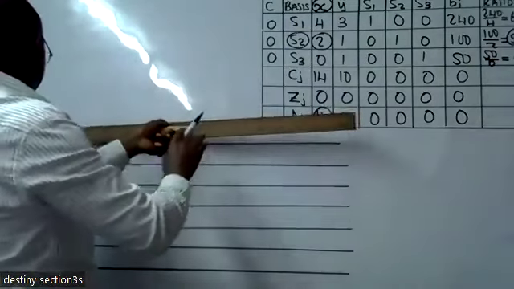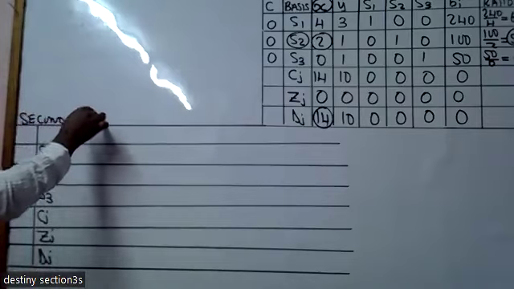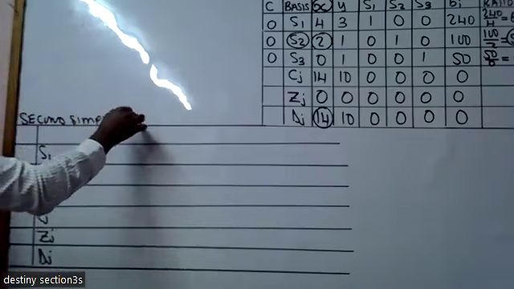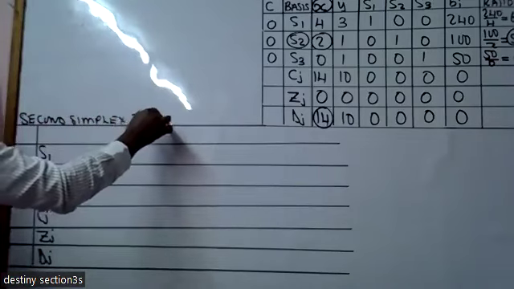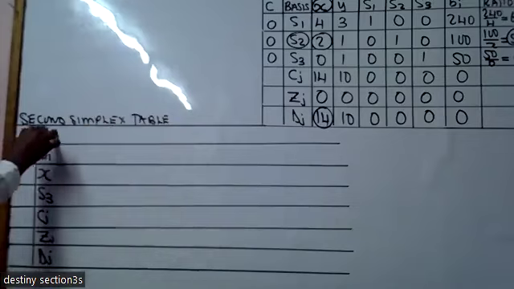So I need the title one. So now we are drawing the second simplex table. So this is column C, this is column basis.